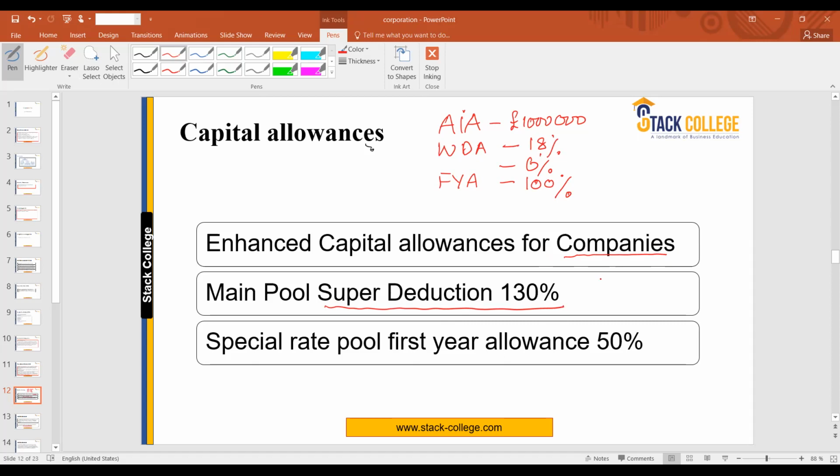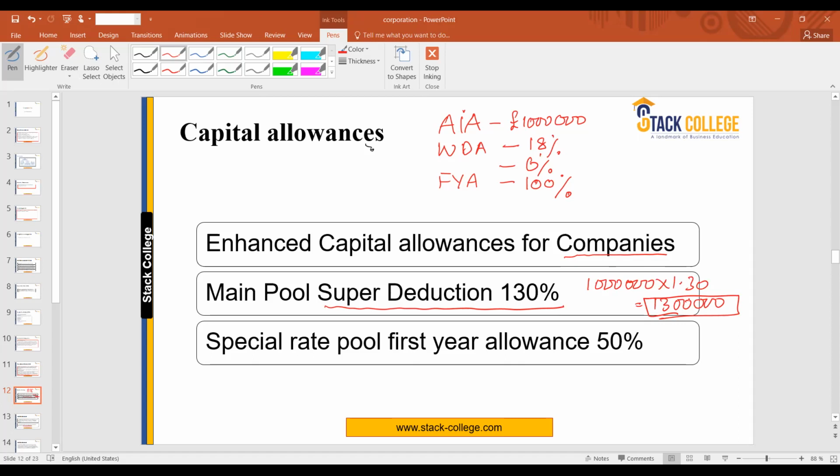That means if a main pool item has been purchased at a cost of 1 million, then we can claim capital allowances of more than 1 million, that is 1.3 million. So it is beneficial to use super deduction of 130% rather than the annual investment allowance. And this annual investment allowance can then be shifted to a special pool item.